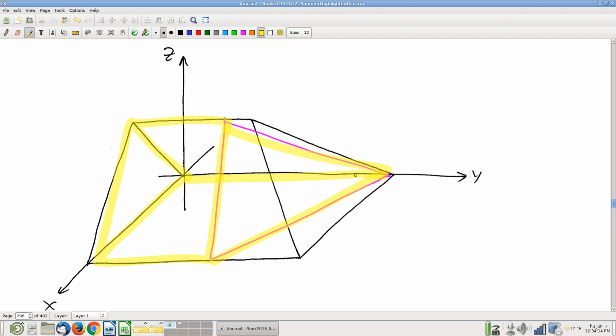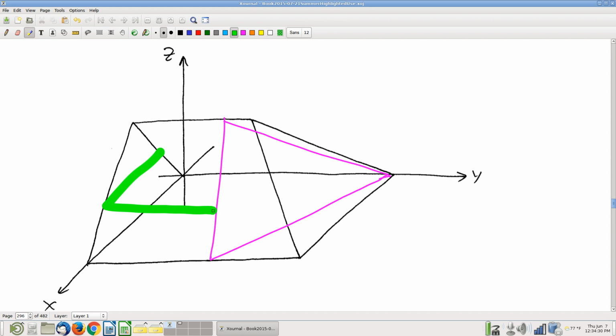Well, still we want to do our z slicing first. Let me get rid of all that stuff. Z slicing first, so our slices are going to look like that. And now should we do our x slicing first or should we do our y slicing first? I suggest that because this edge here is now kind of turned in that way a little bit, this is no longer parallel to the x-axis.